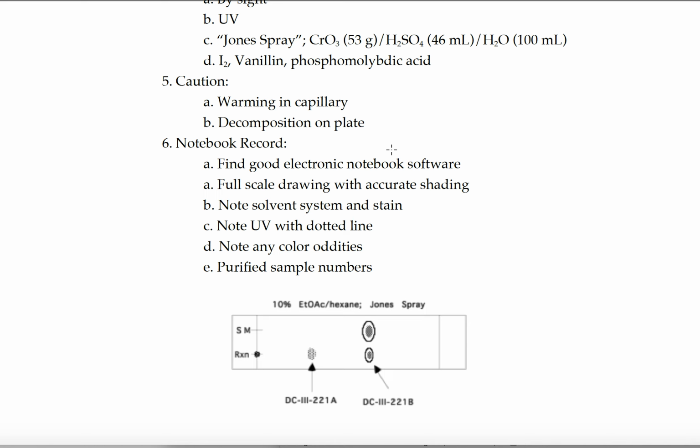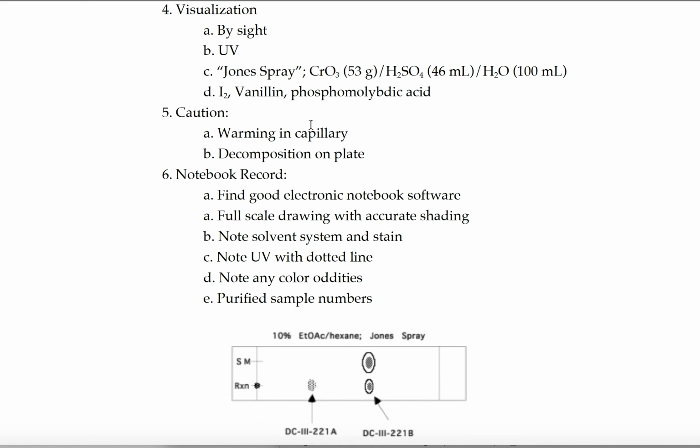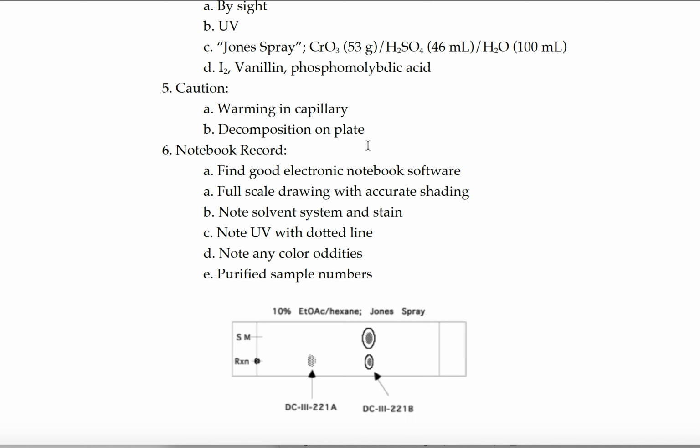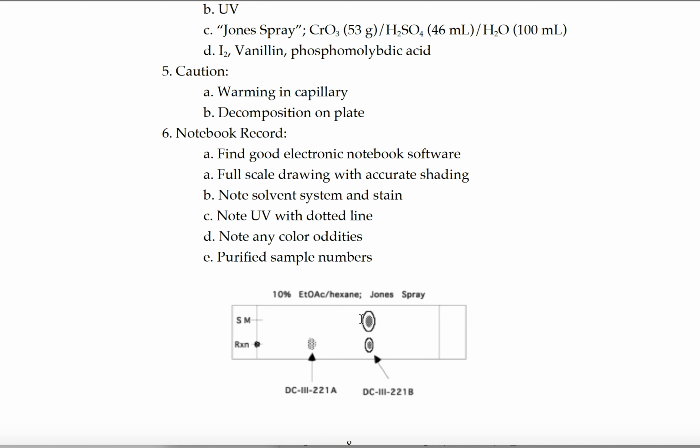When you visualize, the first thing is you visualize for the thing by sight, which one's the major, and I'll put a little mark, a check or something next to it, just so I don't lose track. Then you look by UV, and I put a dotted line around the UV active spot, and you want to be careful, because what you might find is that you see a UV activity and you see a stain, and they're right on top of each other, and you say there's a good chance that UV activity and the stain are from the same compound.